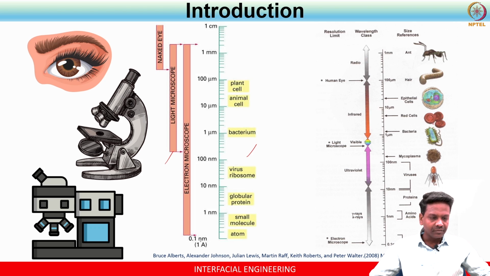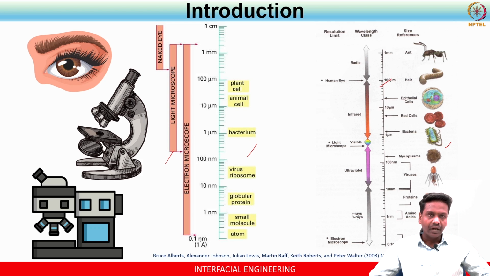On the right hand side, you can easily map what kind of technology one should use and what the example systems are. For example, you can use radio frequency up to about 100 micrometer. When we talk about 100 micrometer, you can relate it to our human hair.